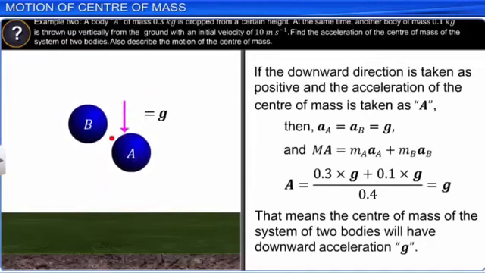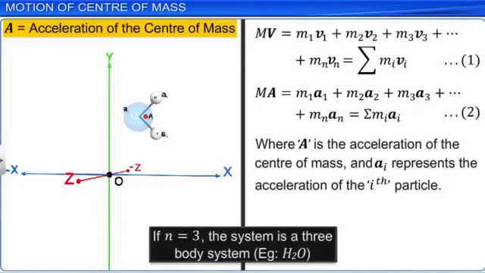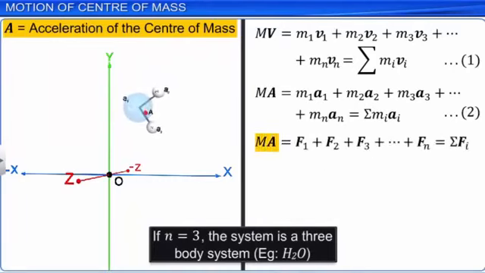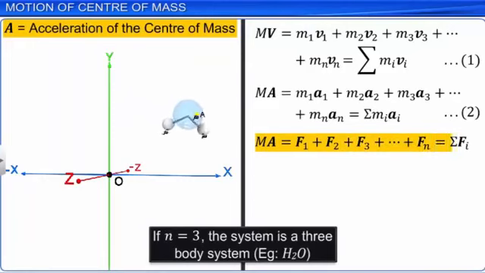But miai is equal to Fi, equal to the net force acting on the ith particle. Ma is equal to F1 plus F2 plus F3 and so on, plus Fn, which is equal to sigma Fi. The net force on a particle may be an external force or an internal force.